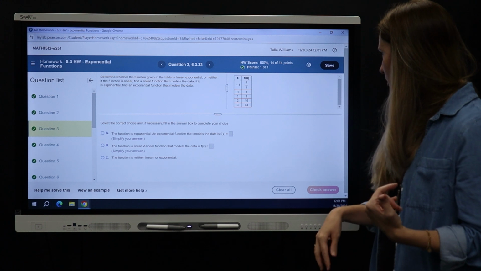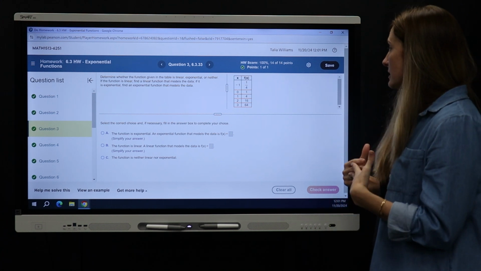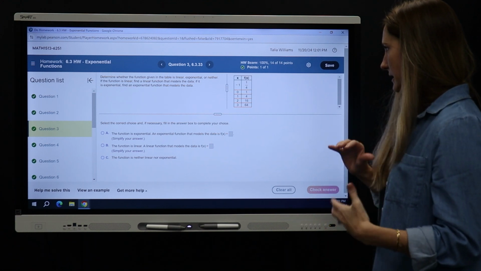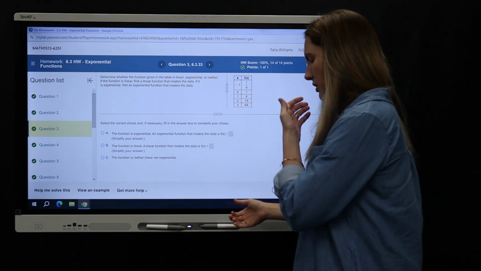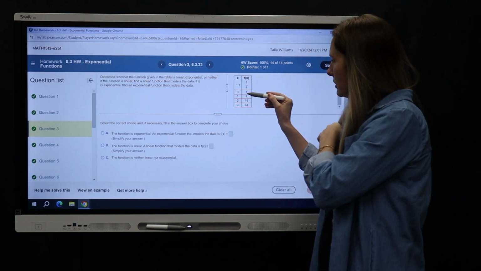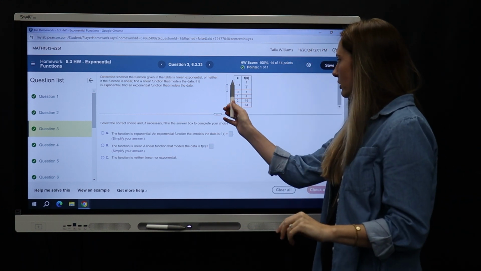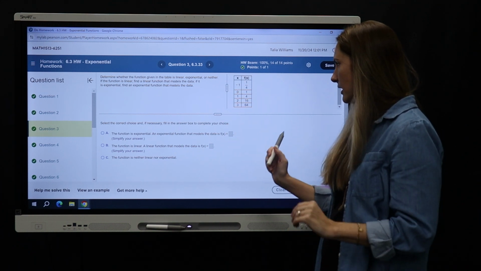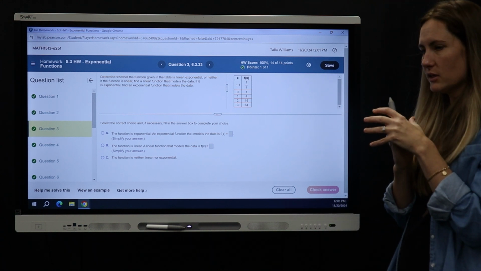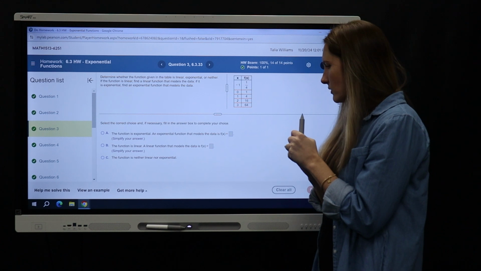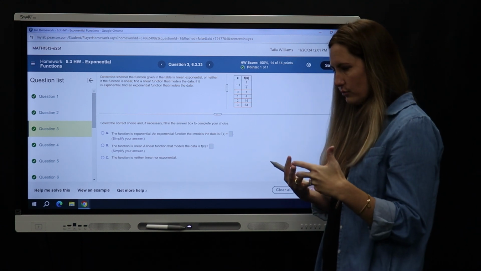Okay, similar question. This one is our exponential, and it's a basic exponential one, but let's talk about this a little bit. So we have -1, 0, 1, 2, 3. Then we have 1/4, 1, 4, 16, 64. When I'm looking at exponential functions, I remember my exponent rules.